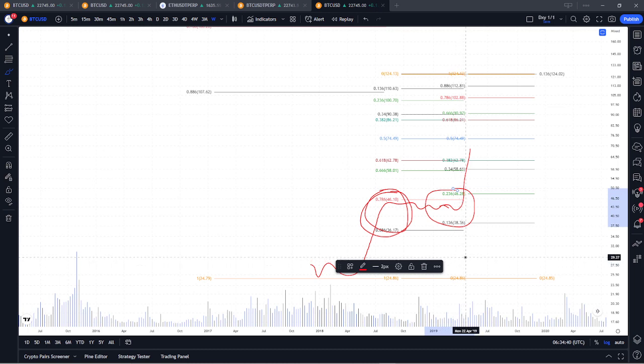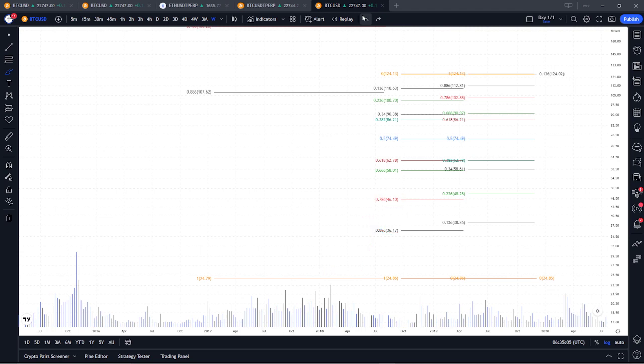That means currently both. If not, that means we have sellers here that are already starting to distribute at this level. Price will then try to retest. So, always have this in mind.